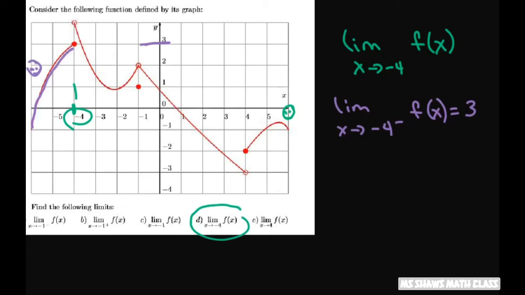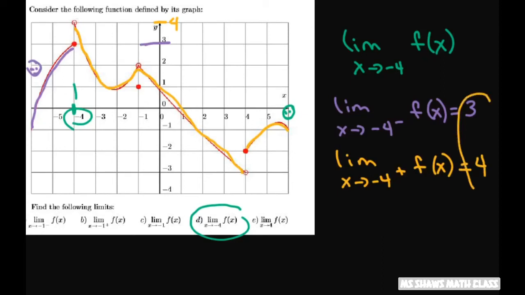Your friend over here, he's coming along. He jumps down here, comes up here, keeps going around the path. He ends up here. So y'all aren't meeting at the same space. This is 4. So the limit as x approaches negative 4 from the right of f of x is 4.